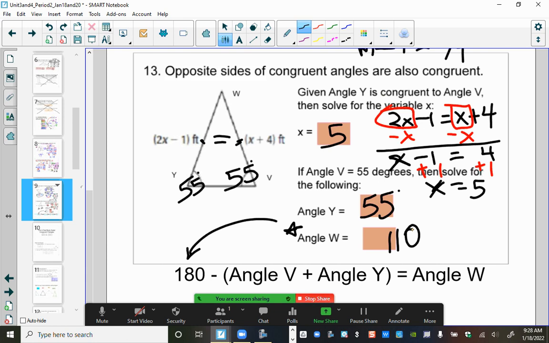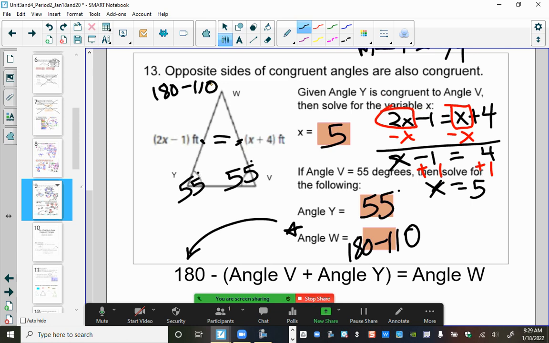No. The big mistake was you needed to subtract 180 minus 110. You can't just say it's 110. You have to take that number away from 180.